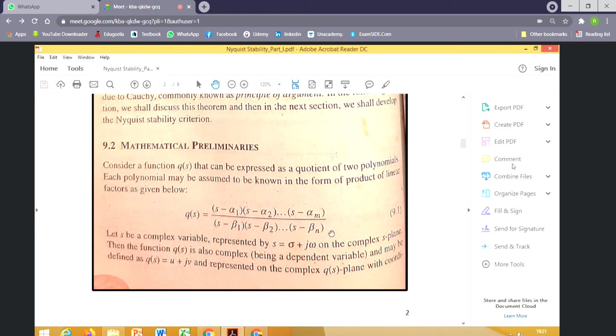That means Q(s) is basically a ratio of two polynomials, the numerator polynomial N(s) divided by the denominator polynomial D(s), and in this case we are expressing both the numerator polynomial and the denominator polynomial in factored form. Clear?